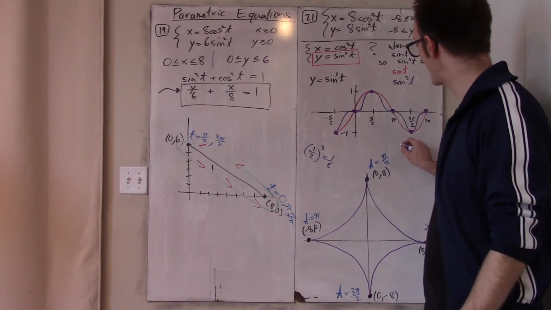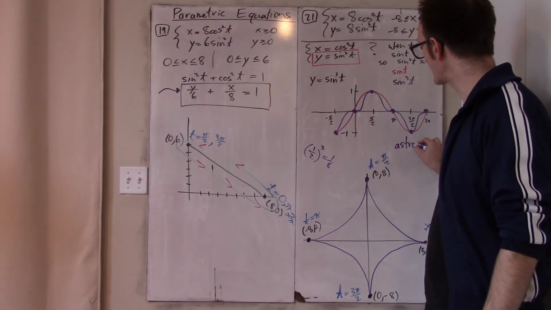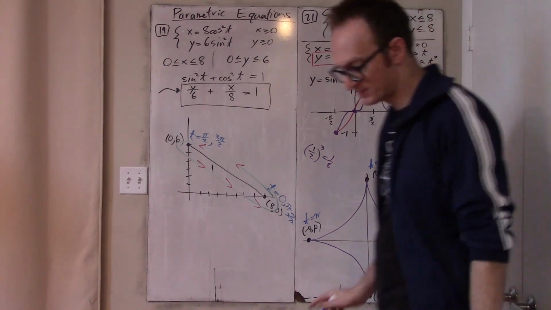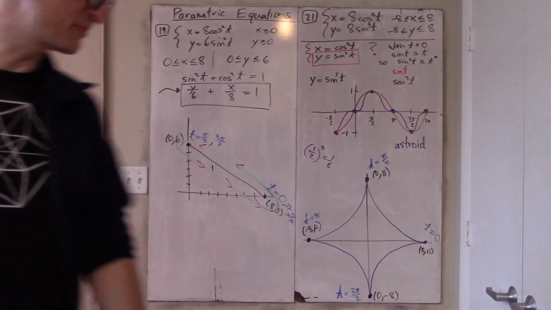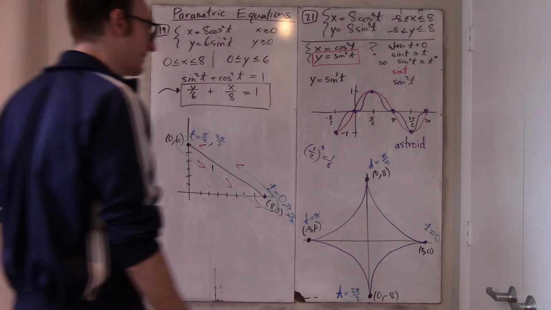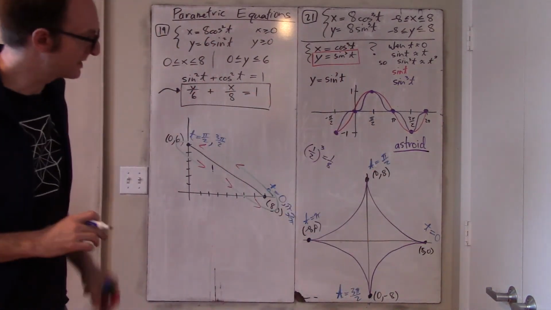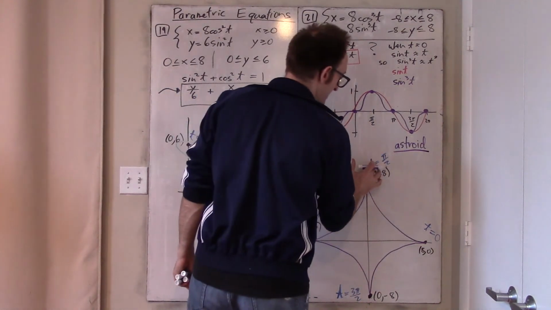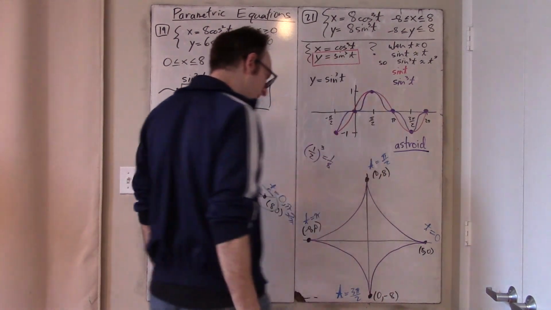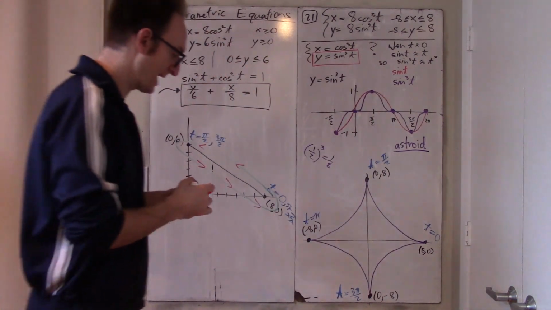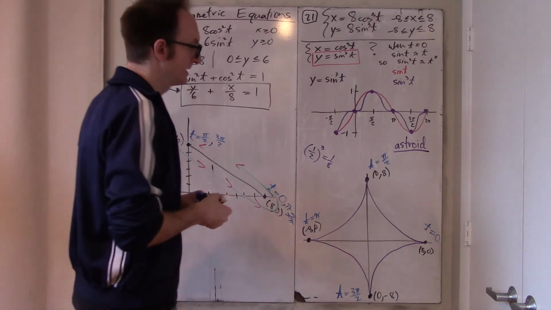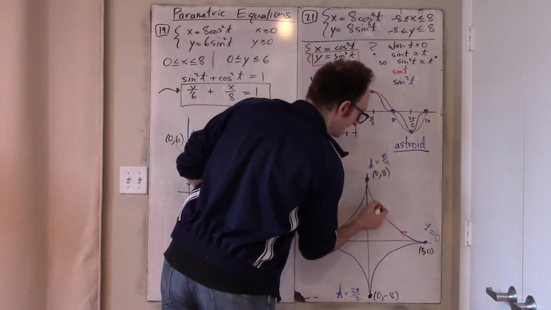And this has a name. This is called the asteroid. See me later for some deep conversations about this shape and why it is so awesome. And actually we'll see this again in calculus, I think. And there's a geometric definition that's possible about the asteroid, but there it is. It's going to go sort of in like this.